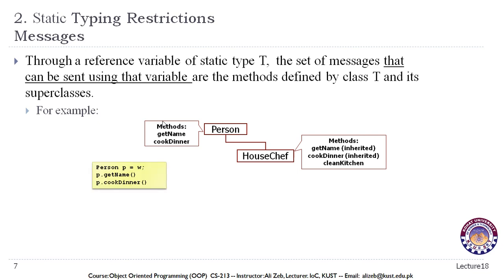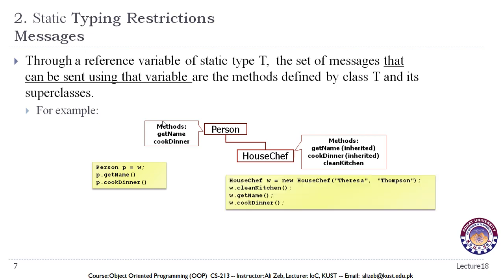So when we declare an object of the Person class, for example, p.getName, p.cookDinner, these are valid. So we can call the superclass methods with the object p, and when we have an object of the subclass, like for example HouseChef, then we can call all the methods of the subclass with the object of the subclass.